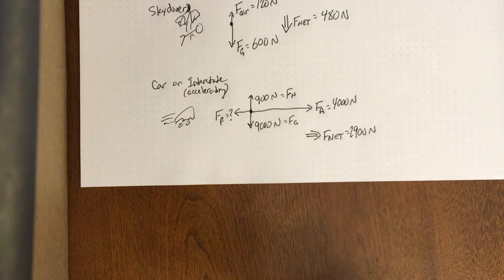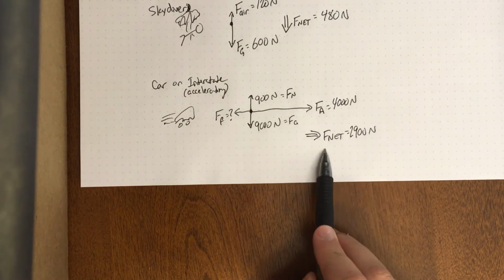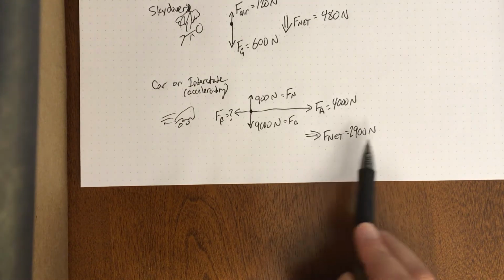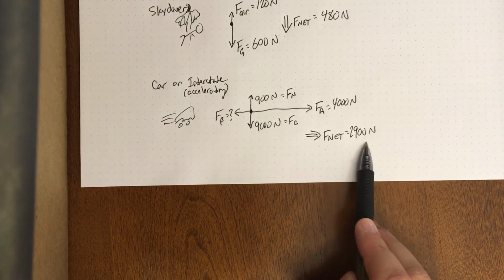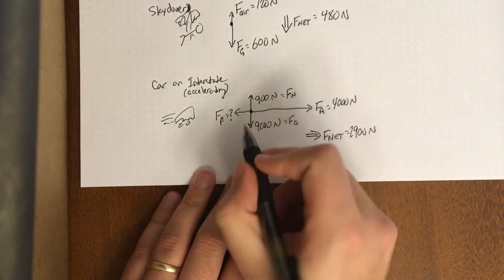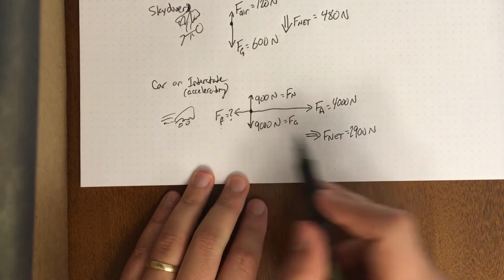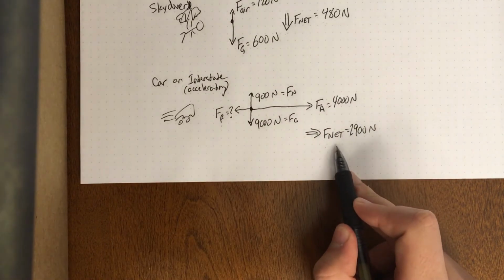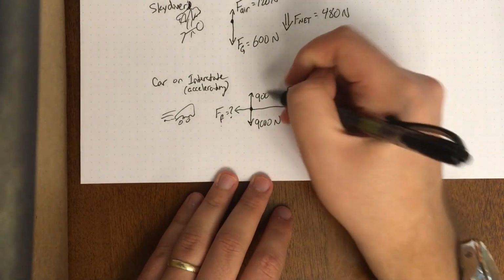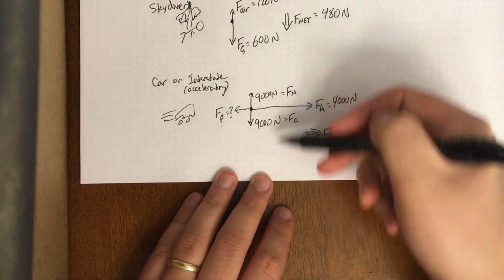The net force has to be 2,900, which means forward has to win by 2,900. So we need to know what friction is so that the forward force wins by 2,900. What are we going to do with these 9,000s here?